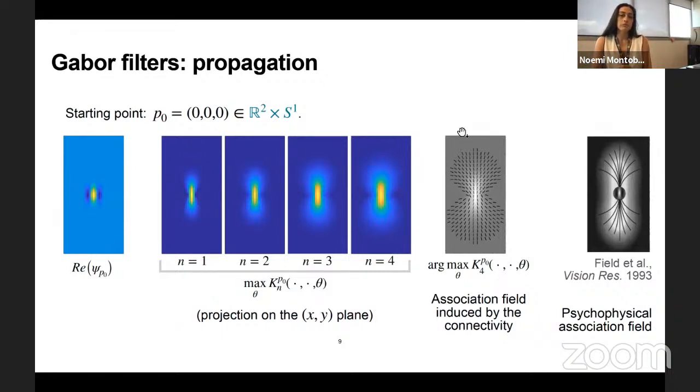So what we obtain is a connectivity that spreads along the axis of the preferred orientation of the starting cell. And the induced association field also shows patterns of collinearity and co-circularity that are compatible with psychophysical association fields.